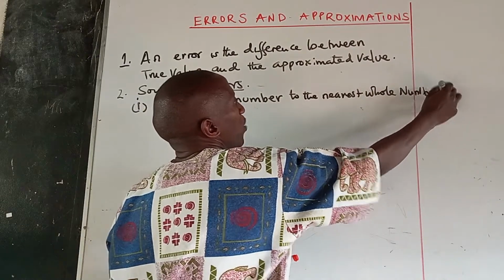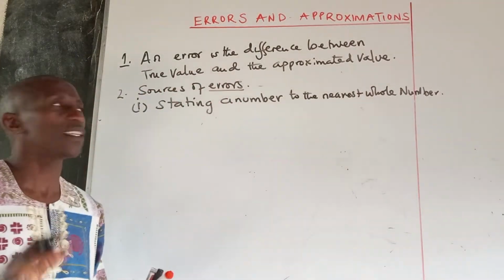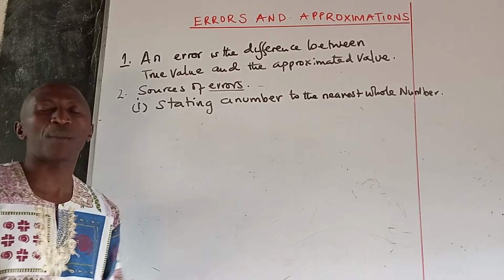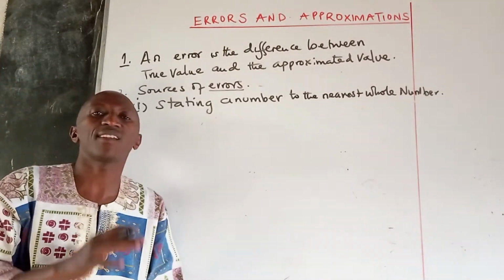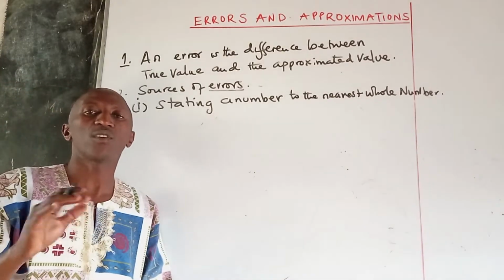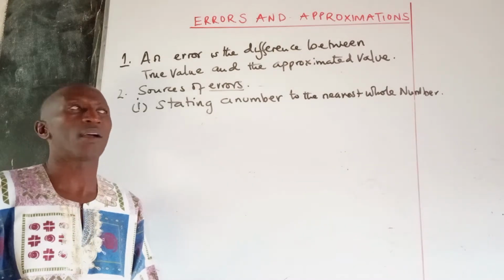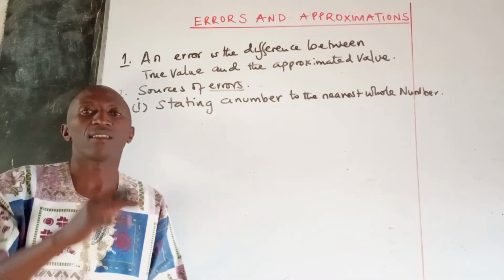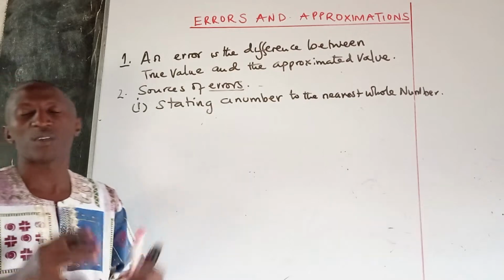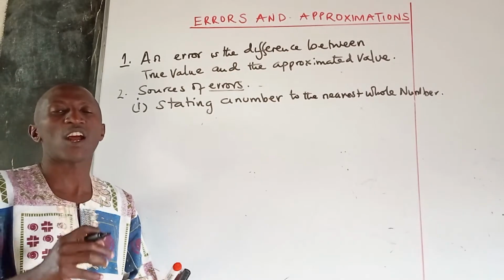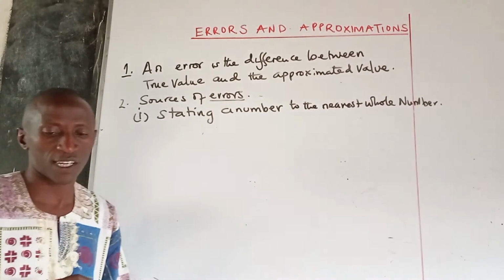At times, we are required to state a certain number to the nearest whole number. For example, you're given 98. State it to its nearest whole number, which is 100. The 100 is an approximated value. There is an error of 2 in that kind of case.